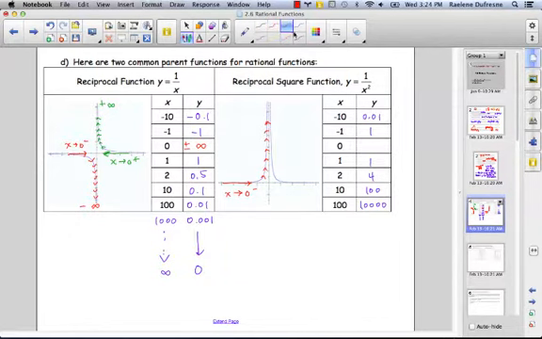Yet as x approaches 0 from the right-hand side, there's no change in y. And this, of course, happens because of even symmetry. So in this case, we get y approaches only positive infinity. We can see that from a sign chart point of view, x squared is positive and the reciprocal does not change the sign.